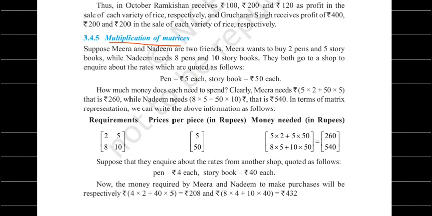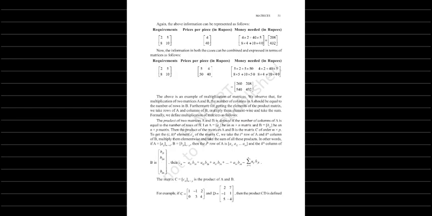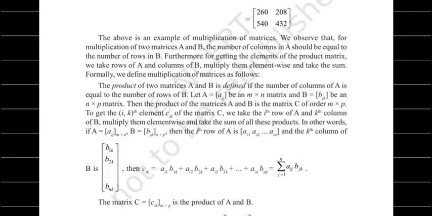Nothing is mentioned here, directly the question is given. I will go one more page ahead. This is an example of a multiplication of the matrix. Observe that for multiplication of two matrices A and B, the number of columns of A should be equal to the number of rows in B. Okay, we will try this one.